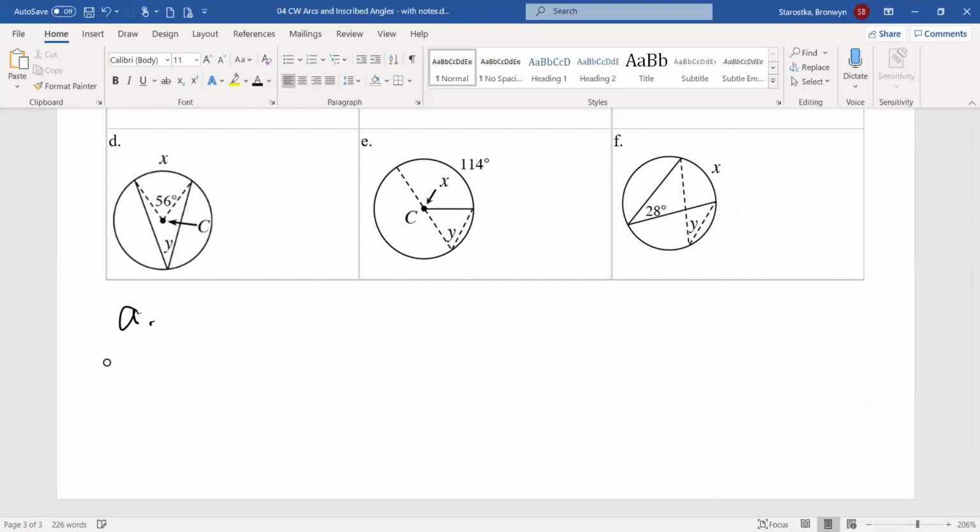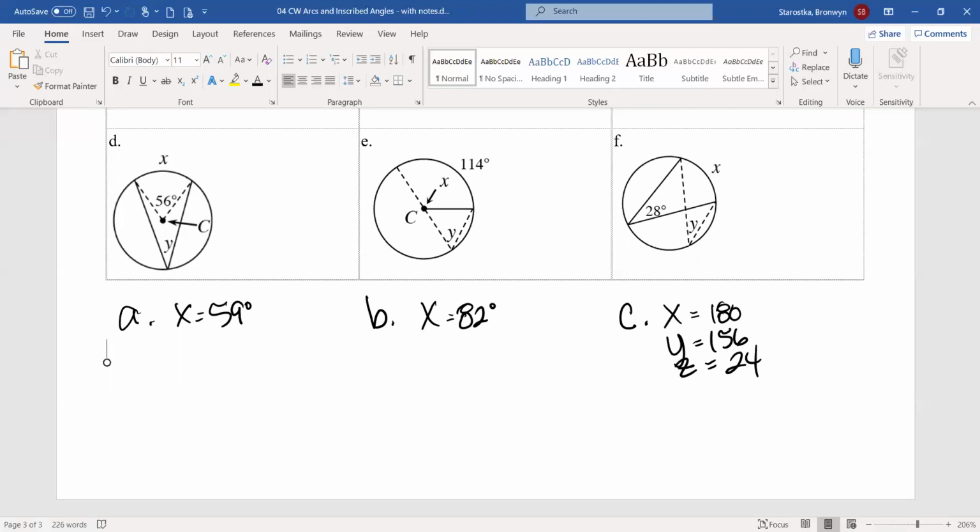A, X equals 59 degrees. For B, X equals 82 degrees. So you try and then check the answers down here. For C, X is 180, Y is 156, E is 24.